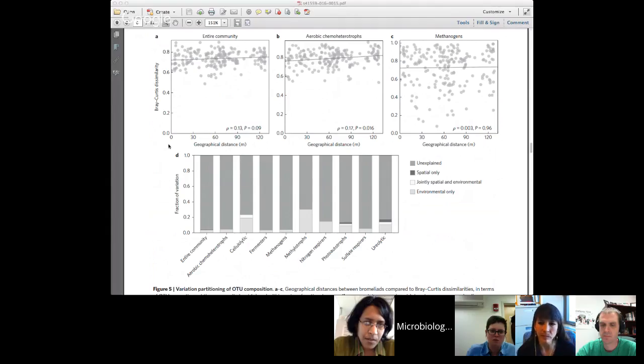But I think this is also something that's a little bit disappointing, because their whole paper is saying when you collapse them to these functional groups, they're all different. So then when they're looking at the communities by functional group, of course they're different. That's the whole point of their paper. So I guess maybe that's why they did that, is to say, see, look, they're all different.